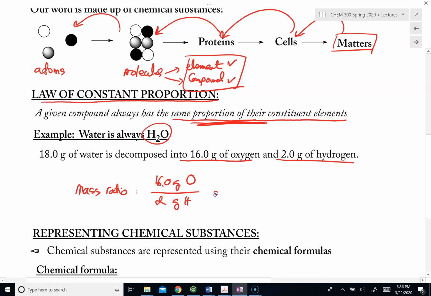So in this case, we see an 8:1 ratio, and this 8:1 ratio would always be the same. Regardless of where it comes from, whether water is found here on Earth or on a different planet, it will always have an 8:1 mass ratio of oxygen to hydrogen. And the reason is that the chemical formula is always H2O.